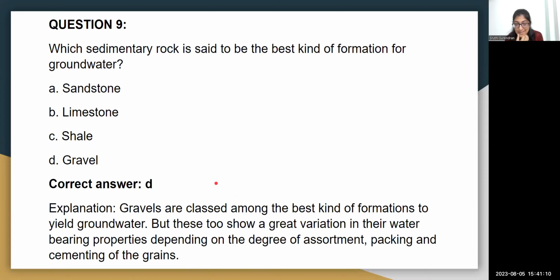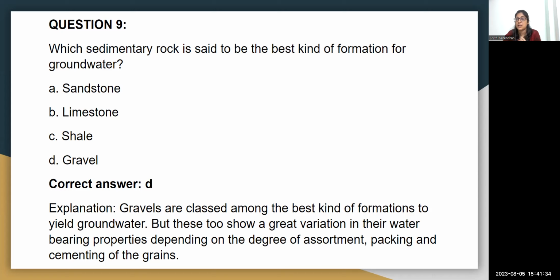The correct answer is gravel. Gravels are considered to be the best kind of formation to yield groundwater. Not all gravels give us the same yield; it depends on how they are packed and how they are distributed.